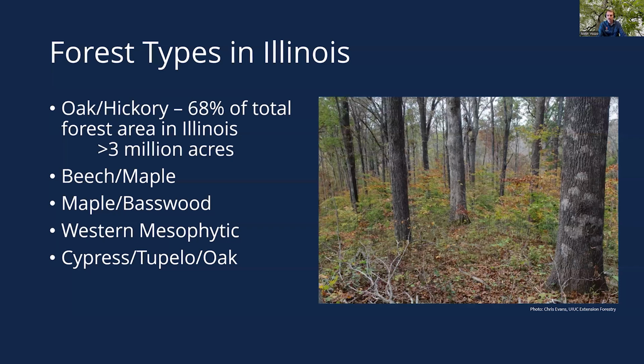Generally, this is going to be what I'm talking about as far as a restoration context for the most part. But there are also other systems, including beech maple, maple basswood, and western mesophytic. And in the very southern tip of the state, we have the cypress tupelo oak systems as well. So these are all potential forest systems.